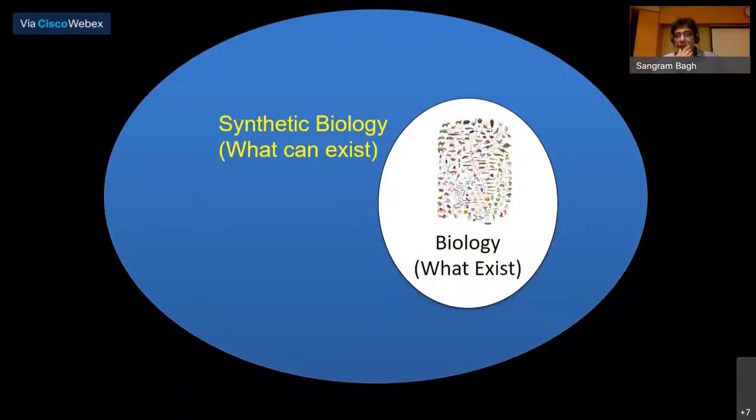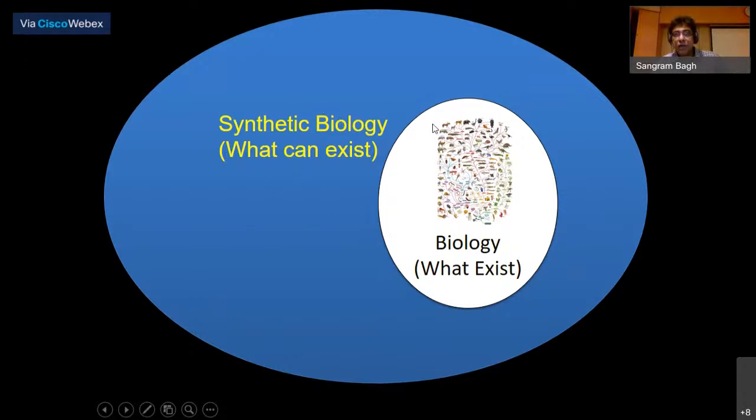In one way, if you want to define what synthetic biology is, one summary I can give is this picture. It is nothing but a toy diagram of evolution. This is the 4 billion years which has happened on the face of the earth, and that is the biology we know today, what exists. Synthetic biology you can say is what can exist.